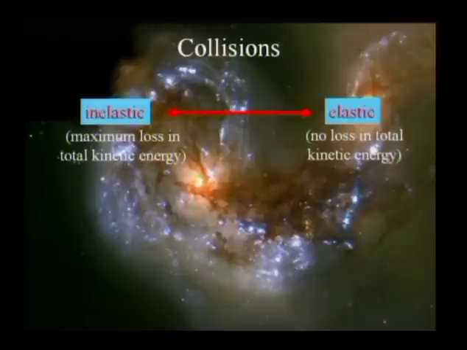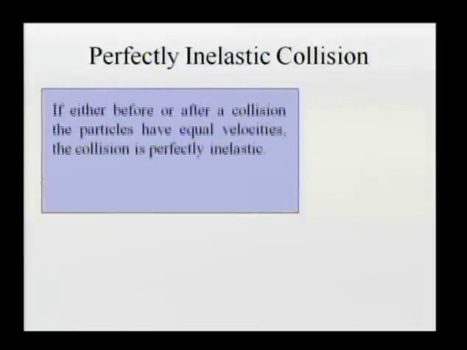So in an elastic collision, total kinetic energy is conserved. In an inelastic collision, we have maximum loss. It doesn't necessarily say that we have to lose all of the kinetic energy, although there are situations in which the entire kinetic energy is lost in the collision.